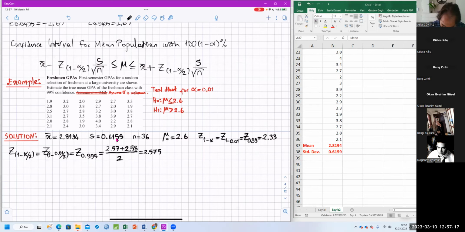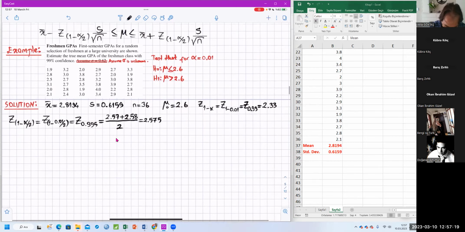I did perform such a calculation, and I know the calculated Z statistic is X bar minus mu null, divided by the sample standard deviation divided by the square root of the sample size.